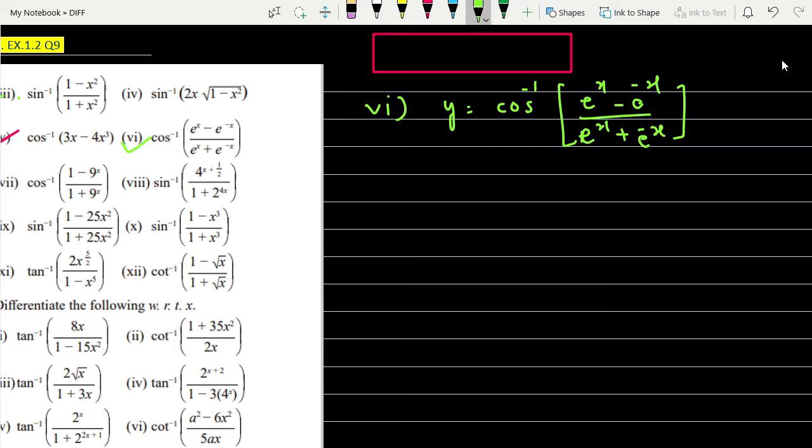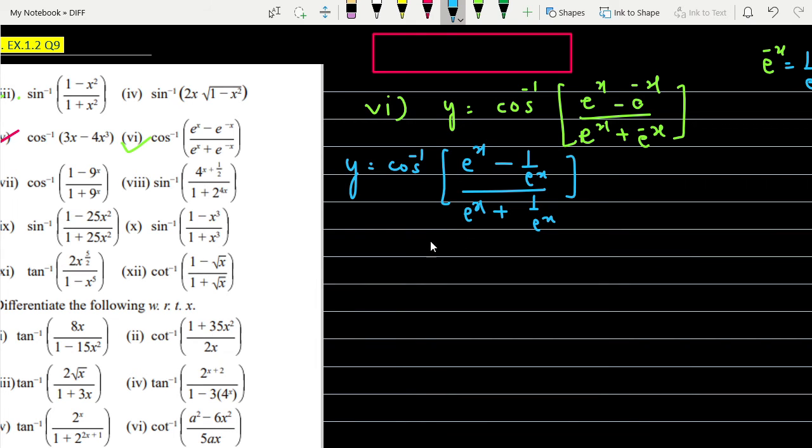So e raised to power minus x means it is 1 upon e raised to power x. So y is equal to cos inverse of e raised to power x minus 1 upon e raised to power x, upon e raised to power x plus 1 upon e raised to power x. Yes, we will simplify this.